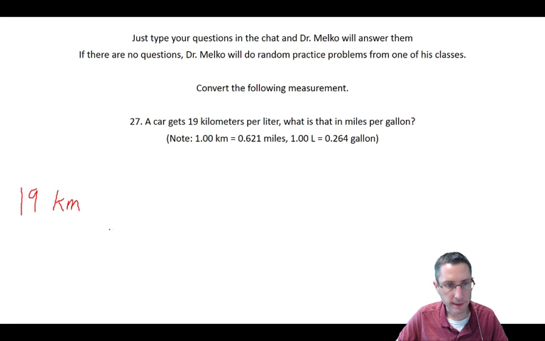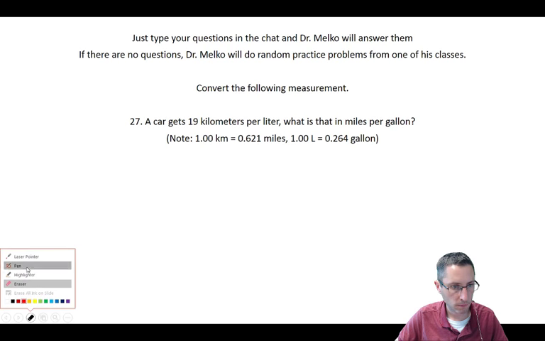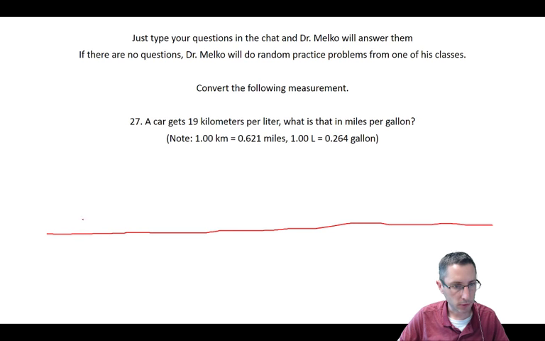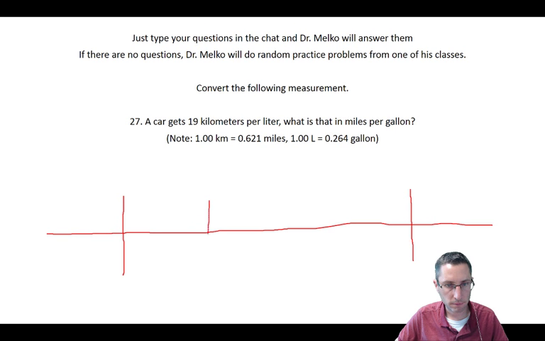Before even writing this out, what people generally do, I've seen, is make a long straight line across the page. Well, that's supposed to be a straight line, so use your imagination. At the end, draw a line like this. At the beginning, draw a line like this, and leave a bunch of spaces in between for as many unit factors as you need.